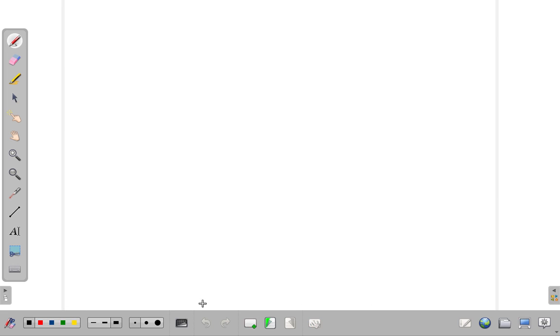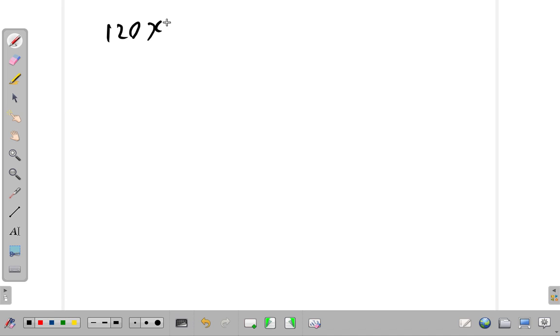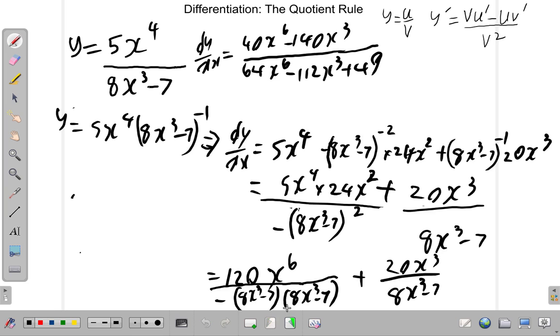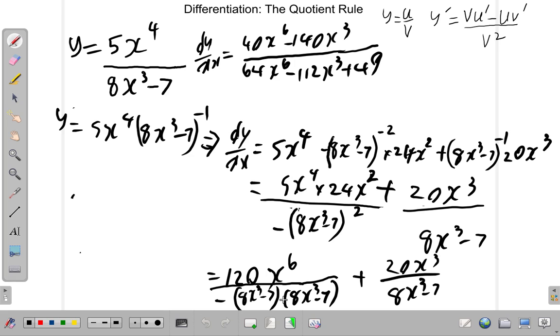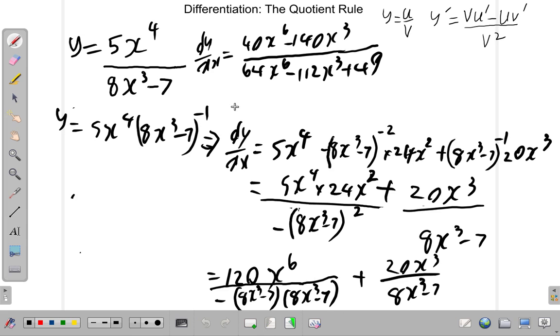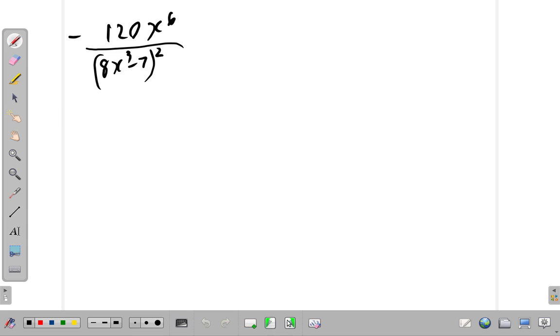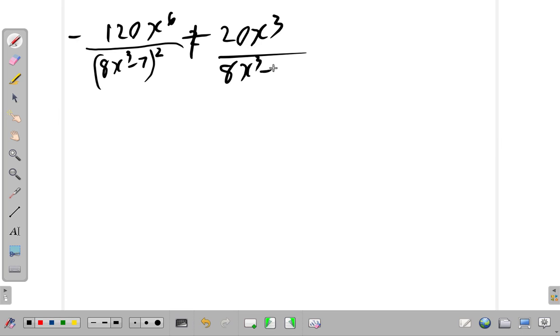What we would have here is 120x to the 6 over negative, and then 8x cubed minus 7 times itself, so it's 8x cubed minus 7 squared, plus 20x cubed over 8x cubed minus 7.